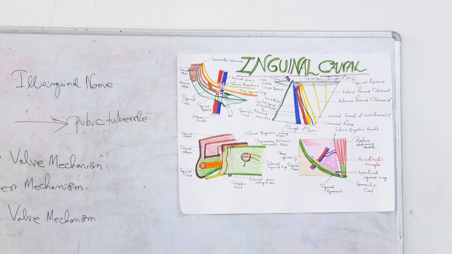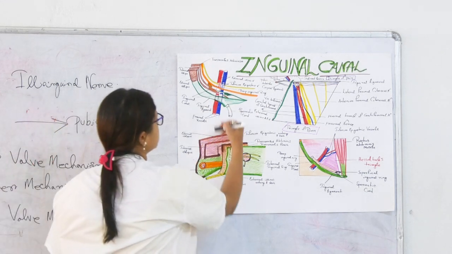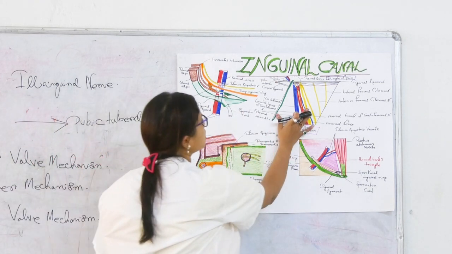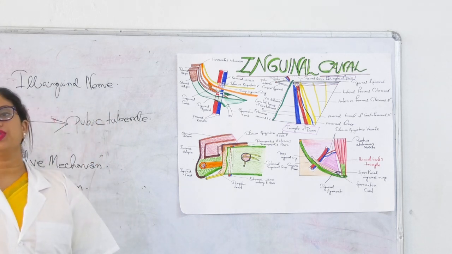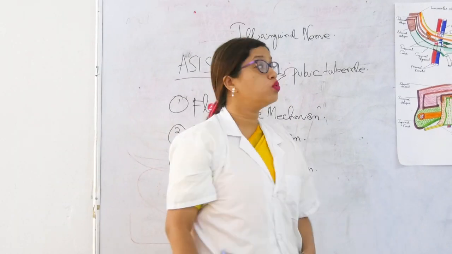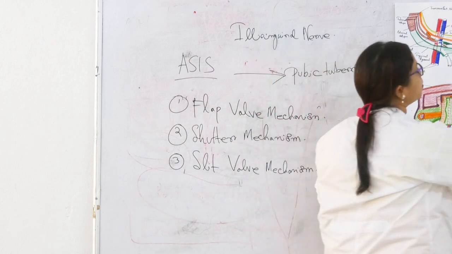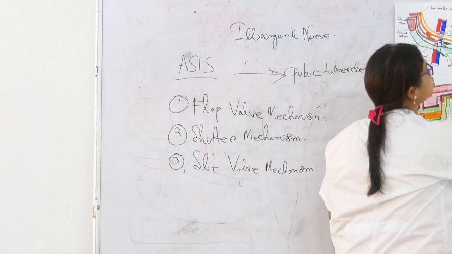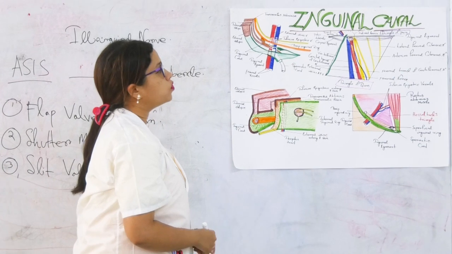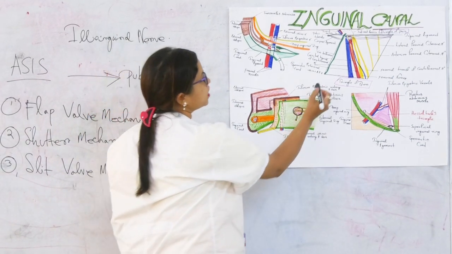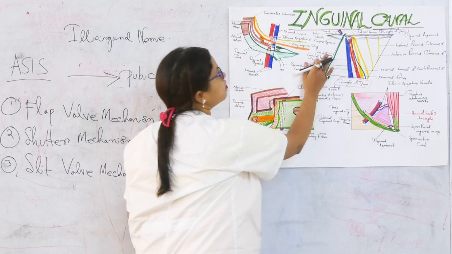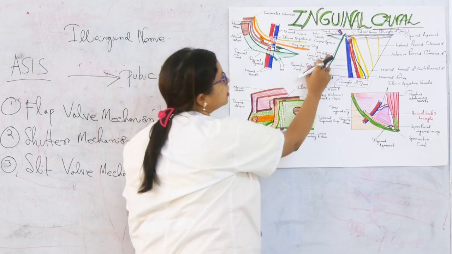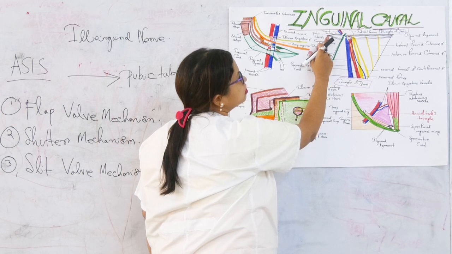Then see, this is already over, these two pictures are over. Now see this one. There are two types of triangle, they also give a short note on this. Number one is the triangle of doom. Which one is the triangle of doom? This is the vas deferens, this is the pubic tubercle.